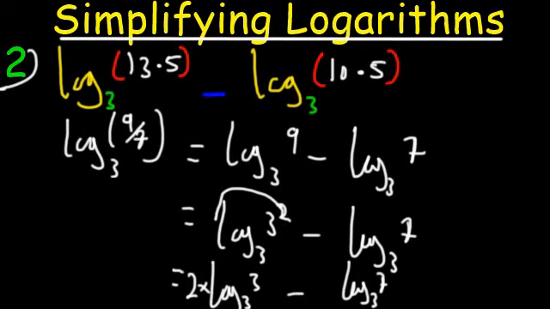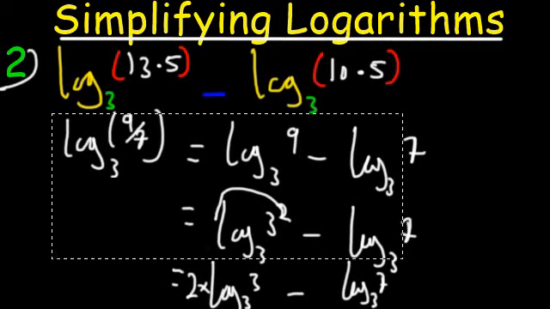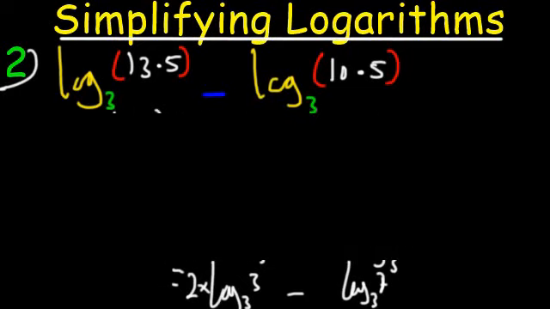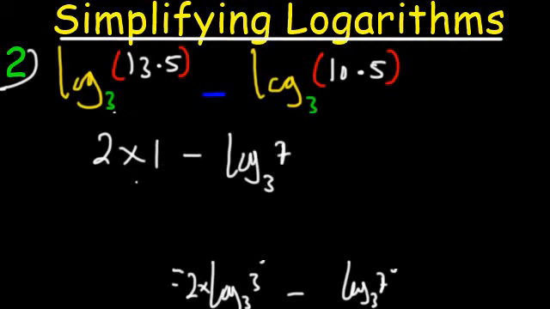Now at this point, log of the base of 3 to 3 turns out to be equal to 1. So we have 2 times 1, and minus log of the base of 3 to 7. So the final answer in this case is 2 minus log of the base of 3 to 7.